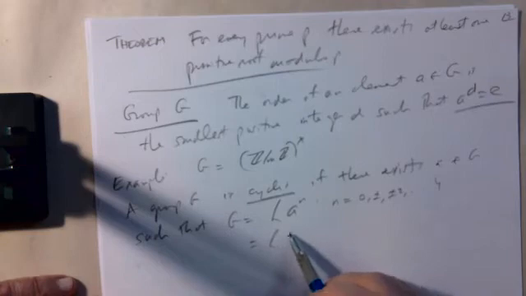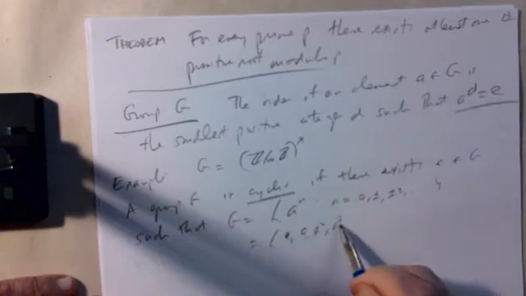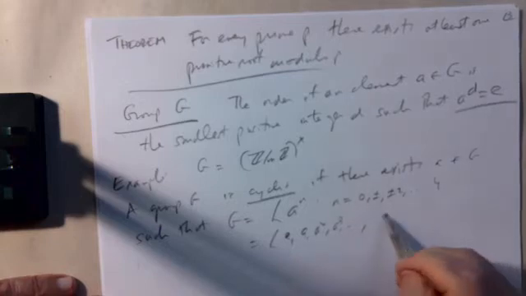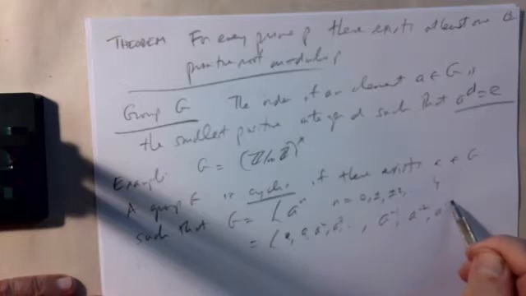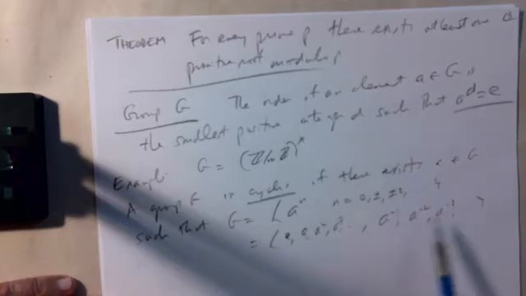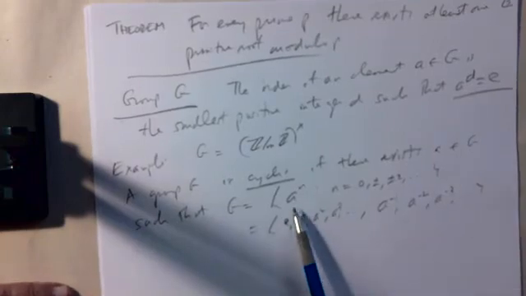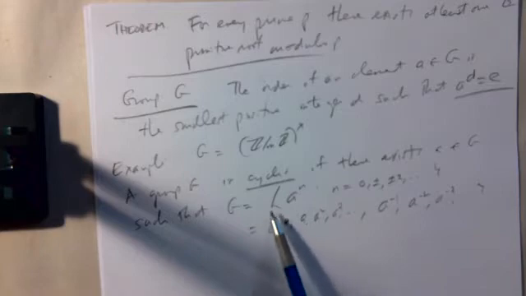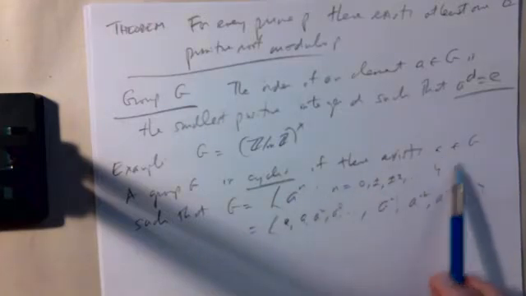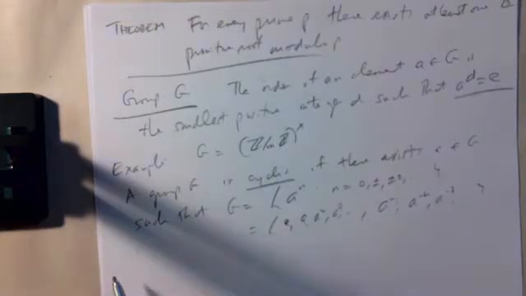That is a to the 0, which is the identity, a squared, a cubed, and so forth, a inverse squared, which you write as a to the minus 2, a to the minus 3, and so on. So it looks like an infinite sequence of elements, but they're not necessarily distinct. You can have a finite group or an infinite group. But a group is cyclic if there's an a in G so that G is all the powers of a.